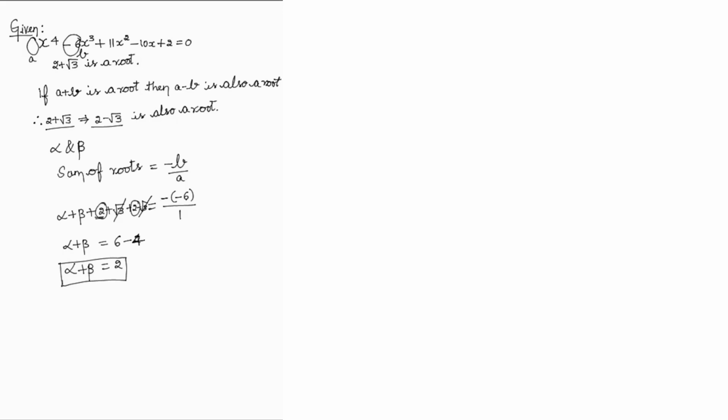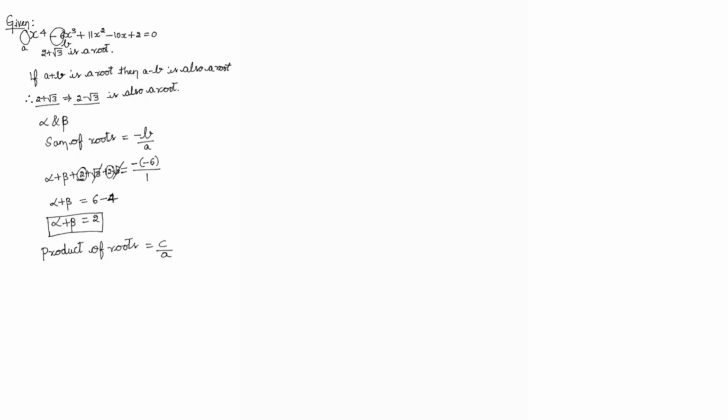So we also know product of all the roots equal to c by a. Continuing from previous page where we had product of all the roots is equal to c by a.